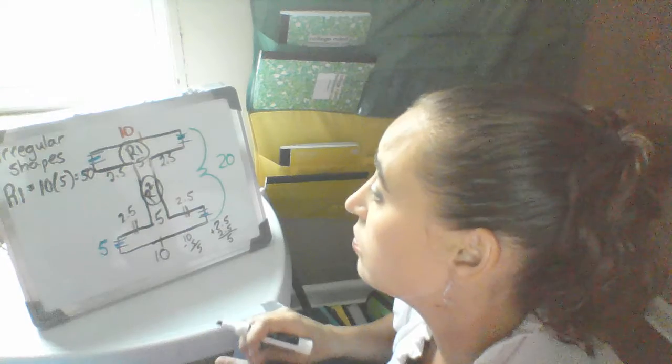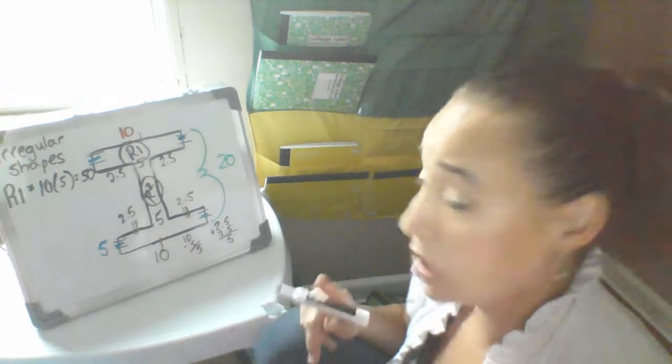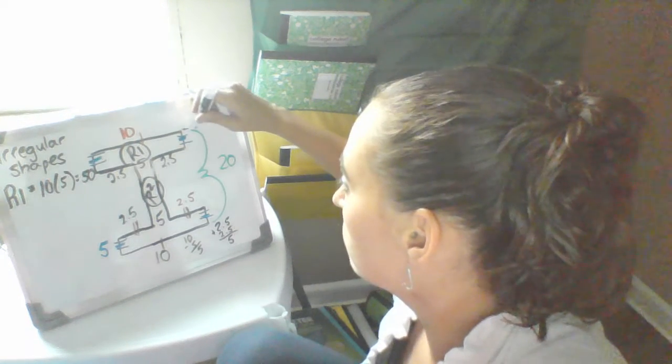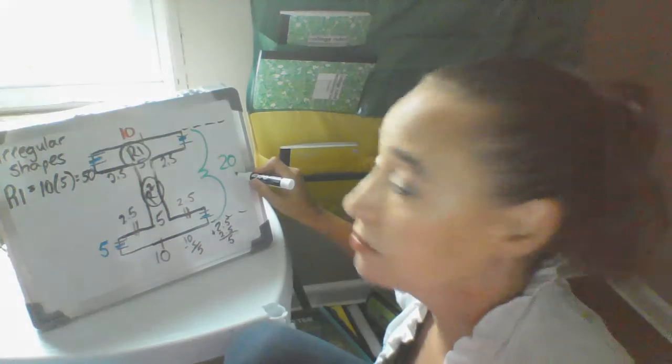I'm using this middle one as rectangle 2. Oh, we didn't figure out something. We have to go back. So we said the total from top to bottom is 20.